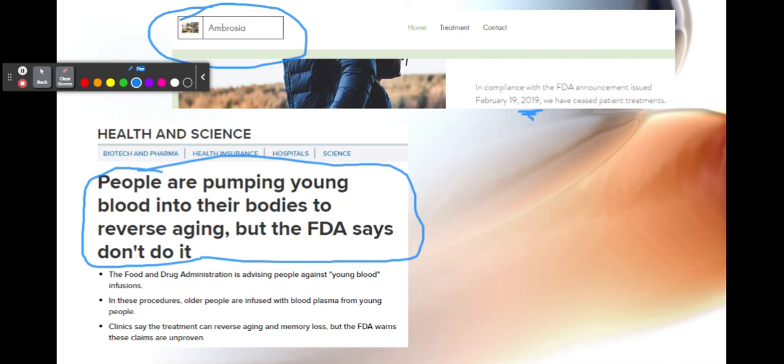Young people would get paid to donate blood, and then old people would pay to get the young people's blood because there were more red blood cells and it made us feel energetic or something. But the FDA said that's a bad idea, and then the FDA said not just that it was a bad idea, but it was an illegal idea. So that was a thing for a very short time in 2019. Yeah, people do crazy things to try to feel young.